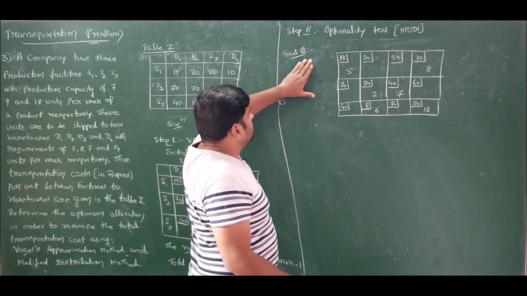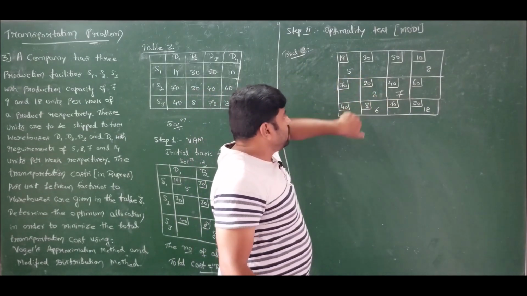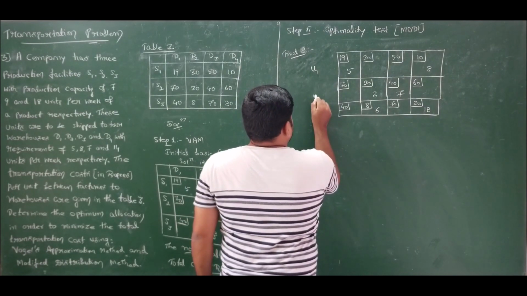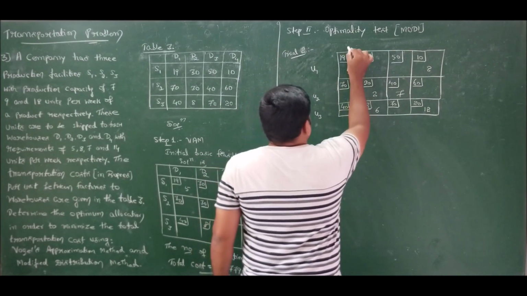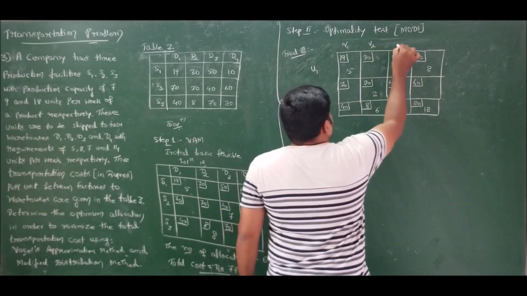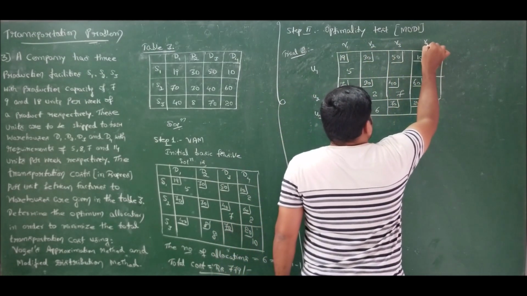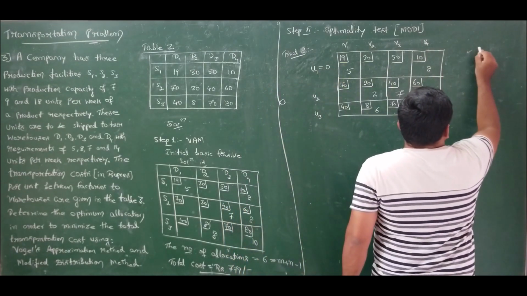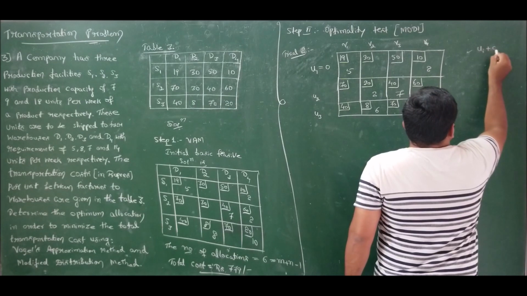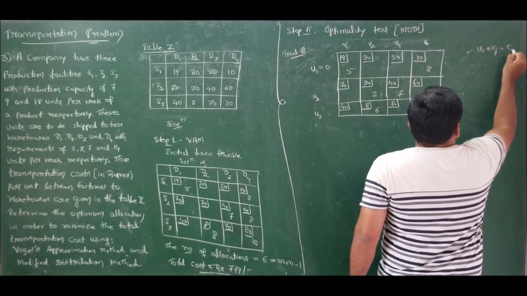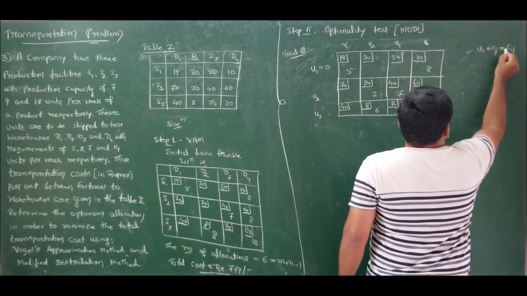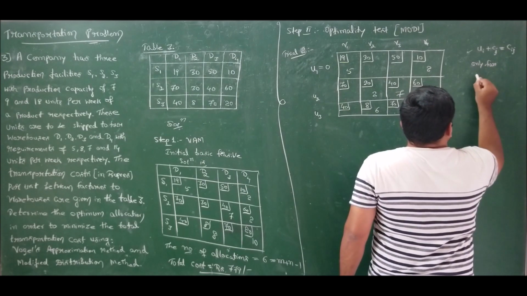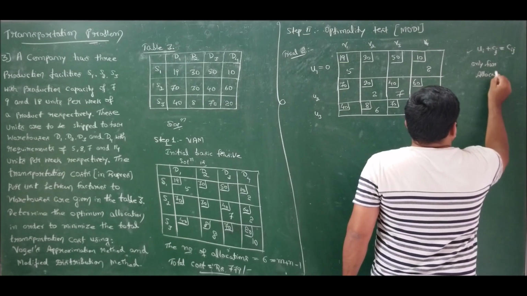Now I should inspect whether I'll get all the values in the unfilled positions as positive or not by using U's and V's. First let us calculate U and V: V1, V2, V3, V4. Give U1 as 0 using Ui plus Vj is equal to Cij, only for allocated cells, correct?